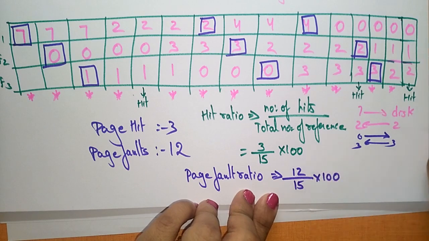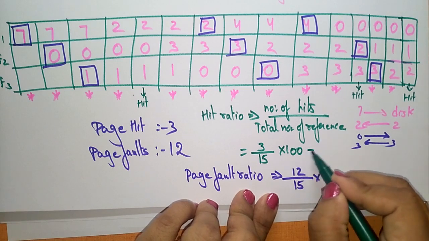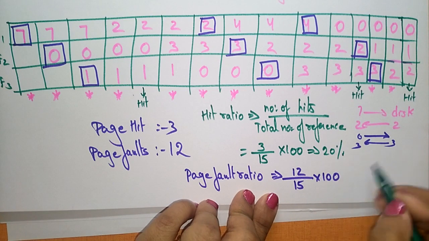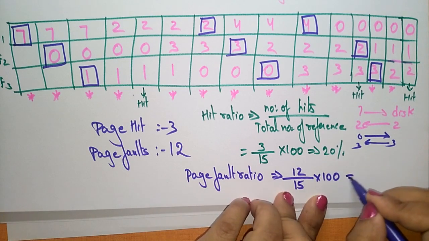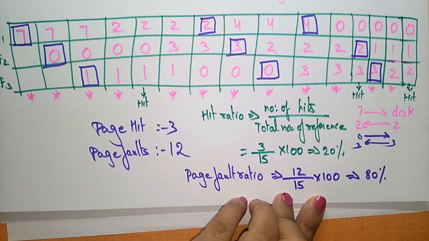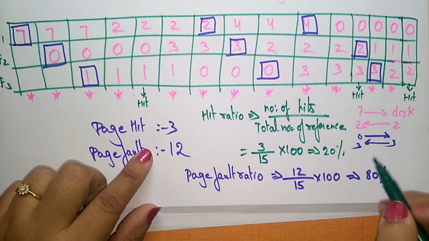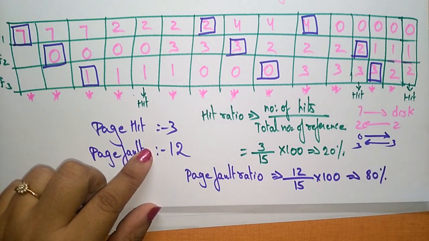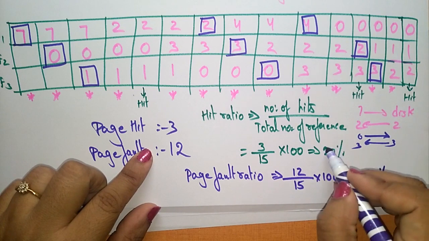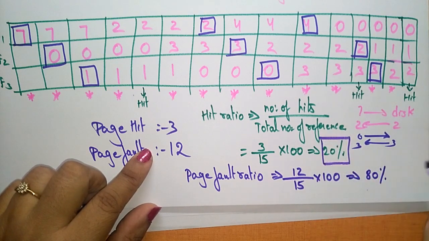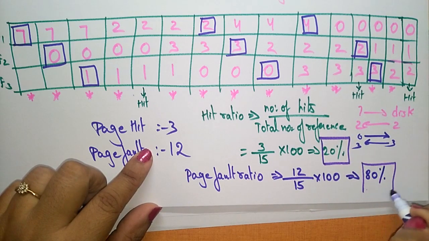So you will get approximately the value of 20% for the hit ratio, and approximately the value of 80% for the fault ratio. So this FIFO algorithm is handling a 20% hit ratio and the fault ratio is 80%.